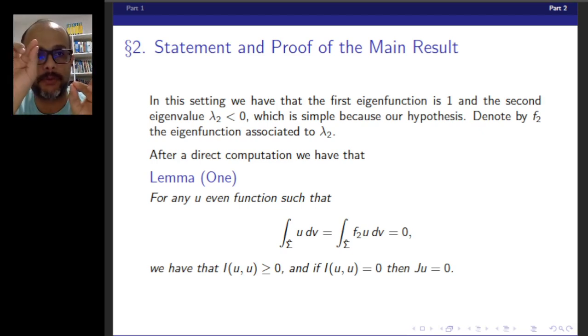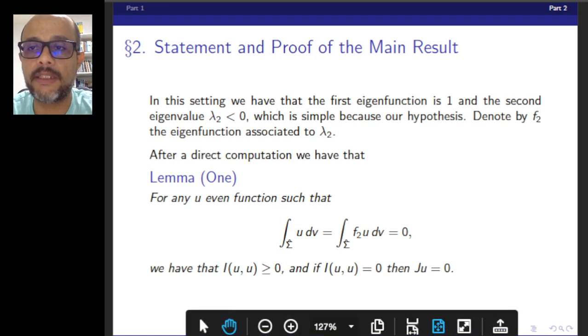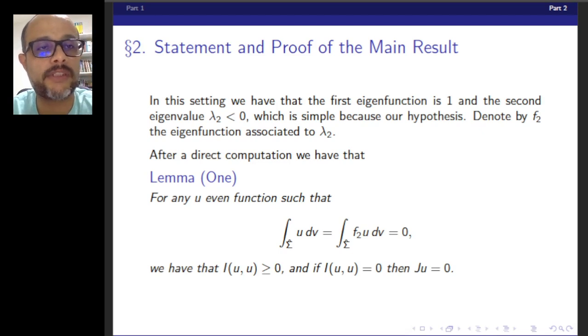Such diagram commutes. So in this configuration, in this setting, we know that the first eigenfunction is 1 because we are assuming that the scalar curvature is constant, so the Jacobi operator is just the Laplacian plus a constant. Okay, so the first eigenfunction is equal to 1.